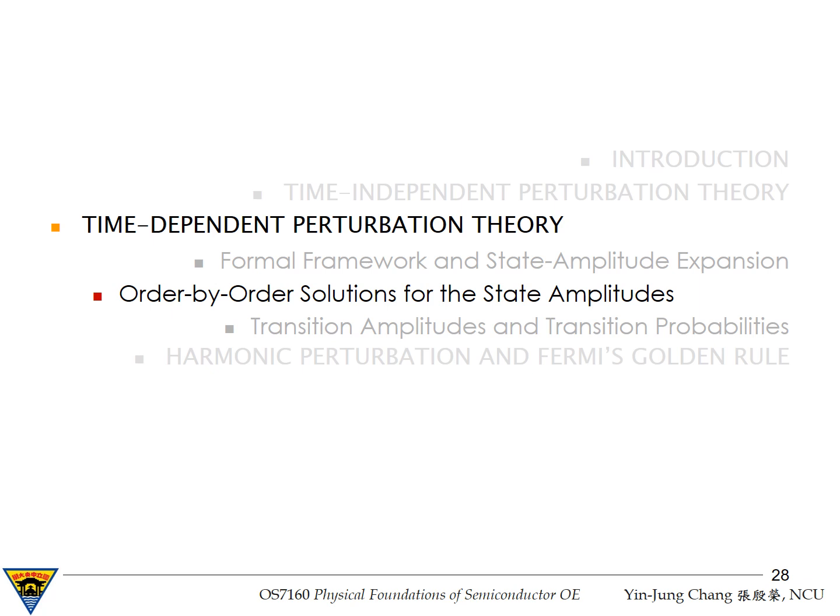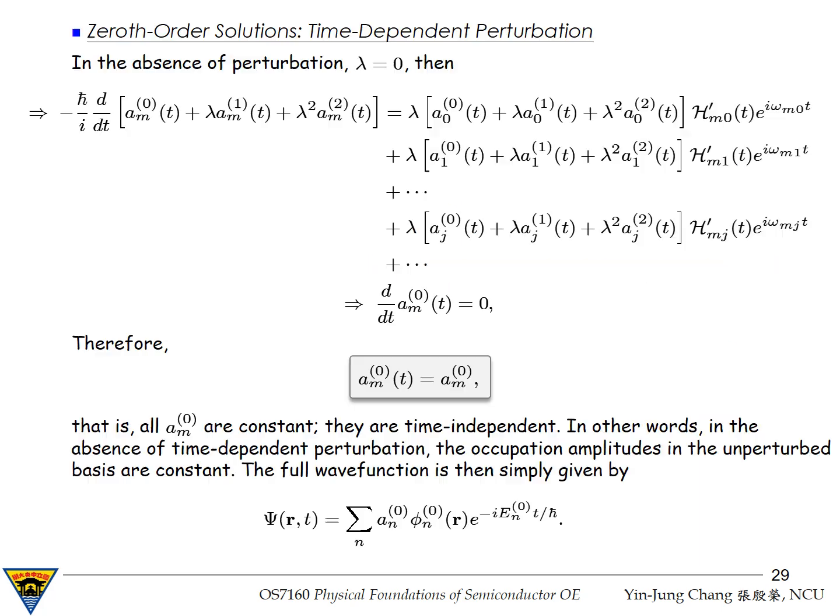This development is very important because these amplitude corrections will soon lead us directly to the transition amplitudes and transition probabilities. So in short, the previous subsection established the mathematical framework, and this subsection begins the actual perturbative solution of the amplitude equations. Now let's look at the zeroth order equation.